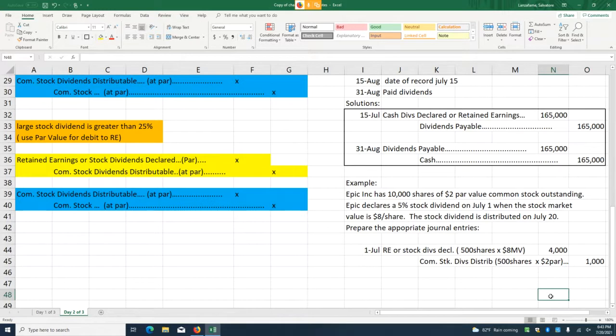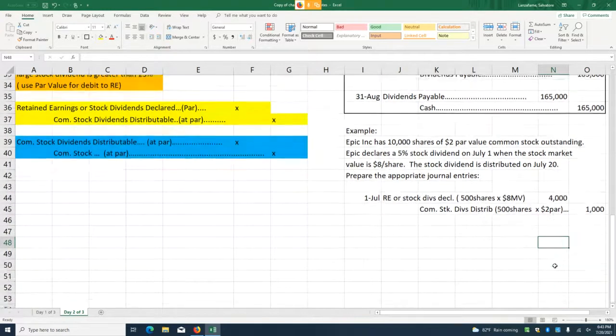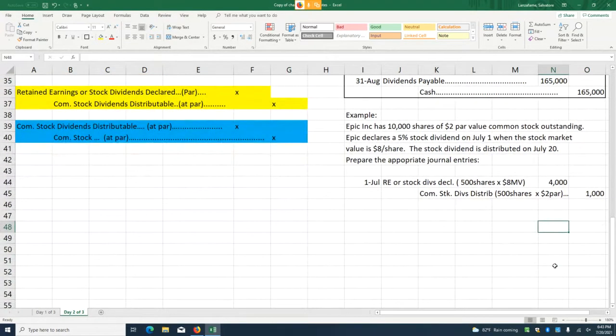So my debit to retained earnings is $4,000. My credit is for $1,000. Obviously, my debits don't equal my credits, so that's where I use the paid-in capital. It helps me balance, basically. So paid-in capital in excess of par.